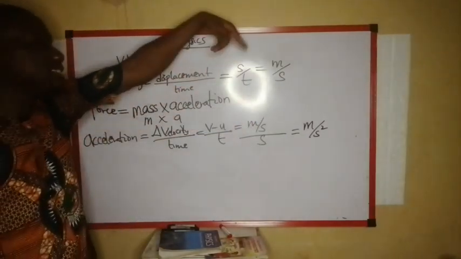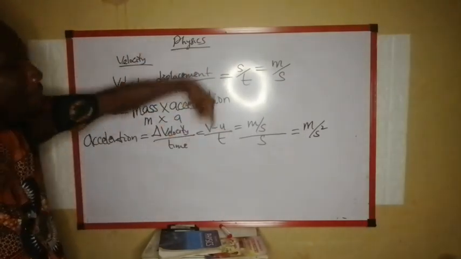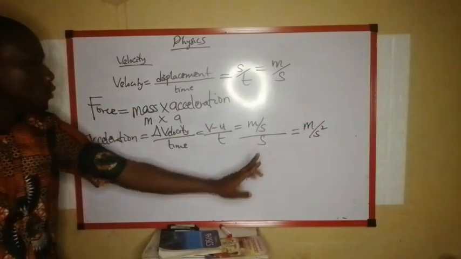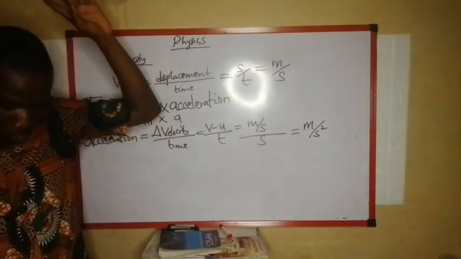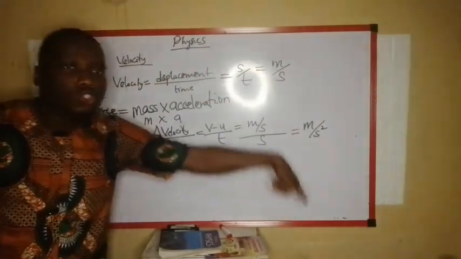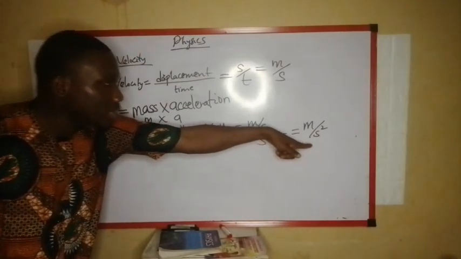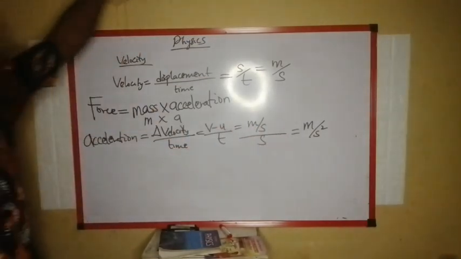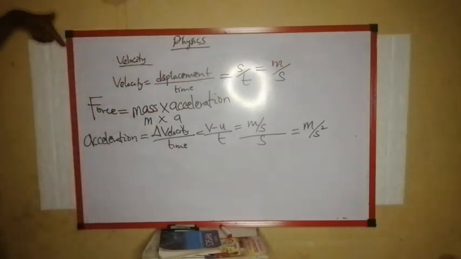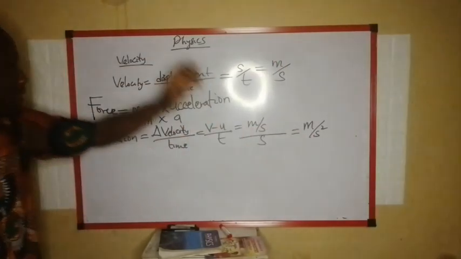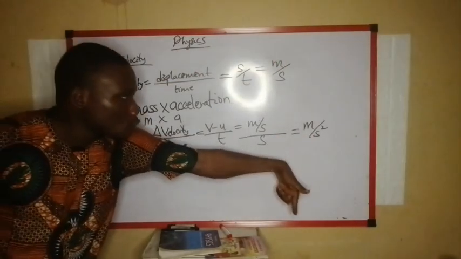Instead of writing meters per second, we are now writing meters per second squared, because these seconds combine to give us meters per second squared. So the unit for velocity is meters per second, that is already settled, and acceleration is meters per second squared.